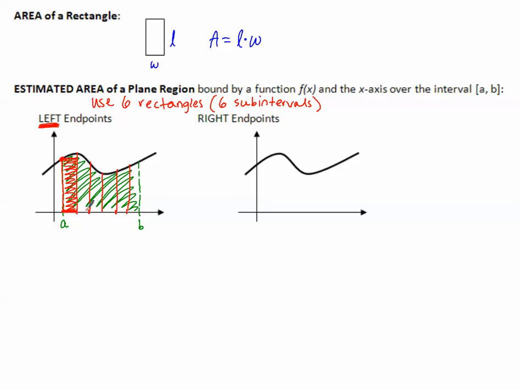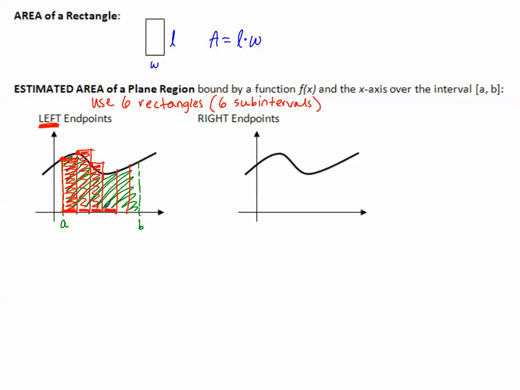That means go up on the left side of it. Here's the left. Go up to the curve, put a point across, and go down. This is my second rectangle. Third subinterval, go to the left side of it, go up to the curve, across, and down. There's my third rectangle, and so on and so forth.